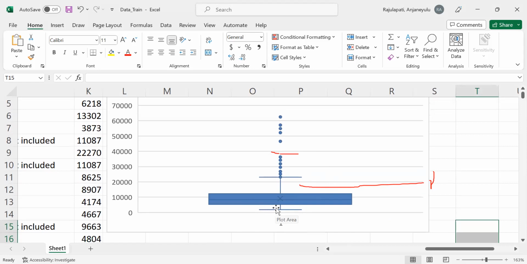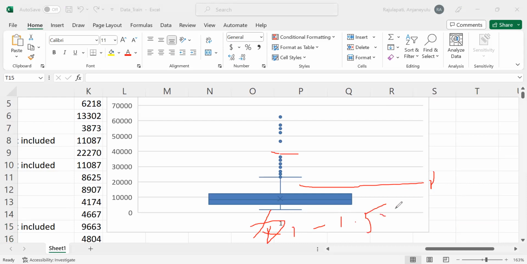This bottom line is Q1 minus 1.5 times IQR.